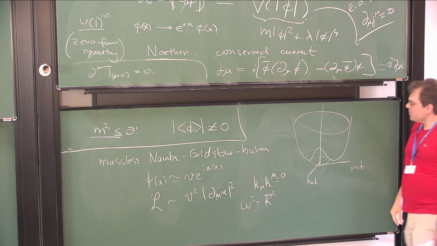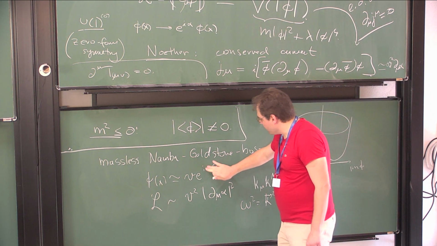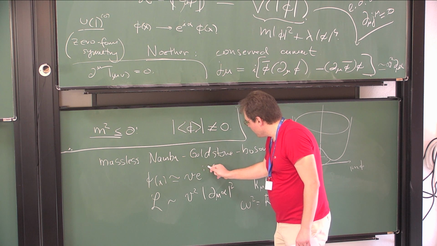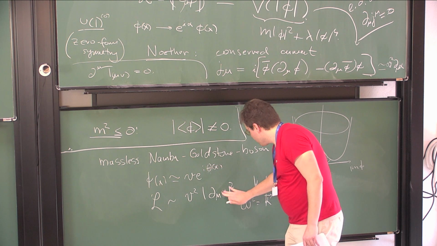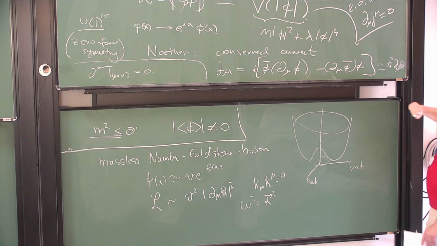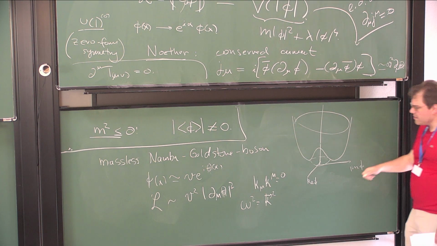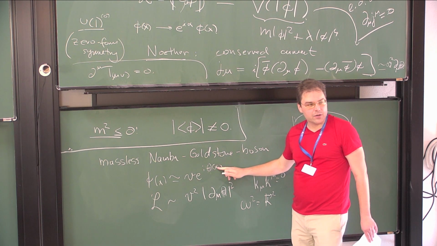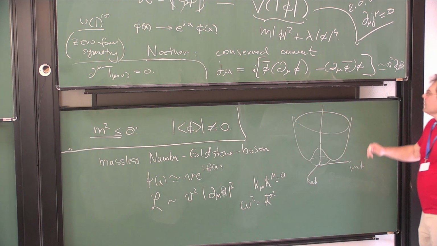I just realized that I made a kind of terrible mistake. I really shouldn't have called this alpha, because alpha was the symmetry parameter, and I didn't want to confuse it. Let's call it theta. This theta is an actual honest-to-God field. It has an x dependence, and you path integrate over it in the path integral.